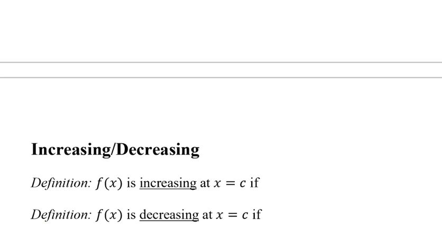Next, we're going to talk about increasing and decreasing. Really, what the definition of increasing and decreasing for a function should be is not what we're going to take, but for the purposes of this course, we can say that a function is increasing. How would you describe the function increasing in terms of the derivative if you weren't in Calculus AB last year?